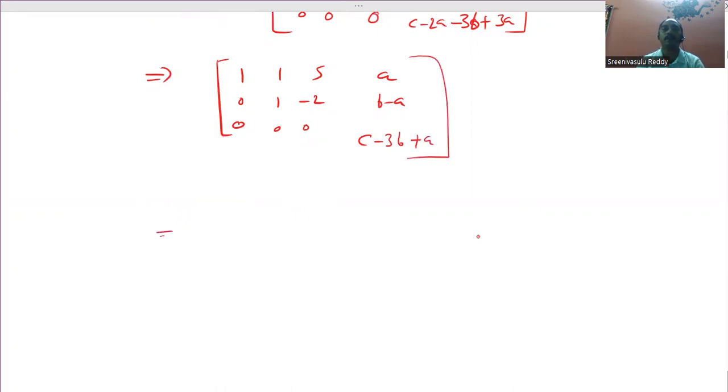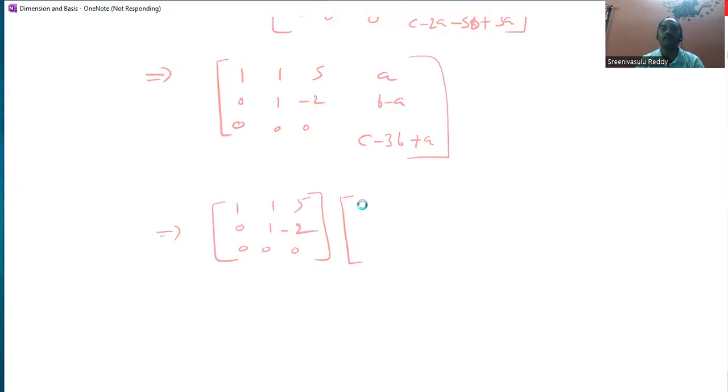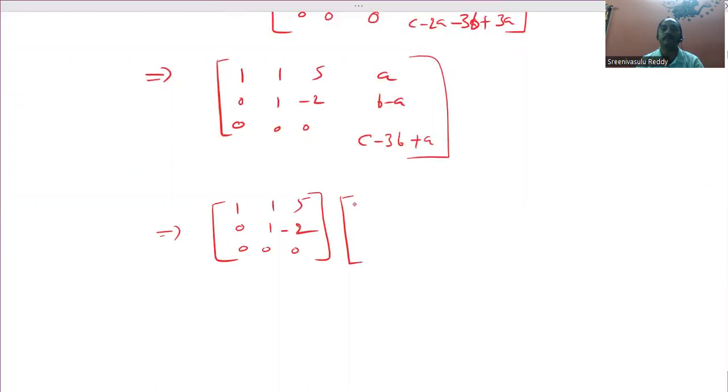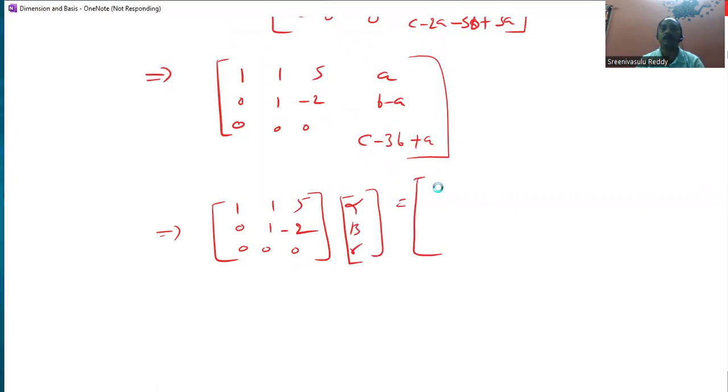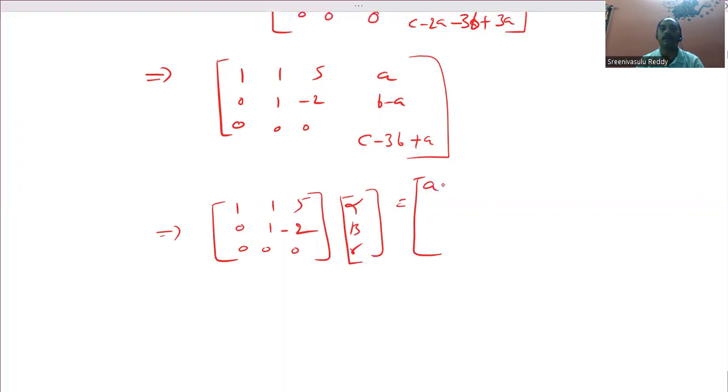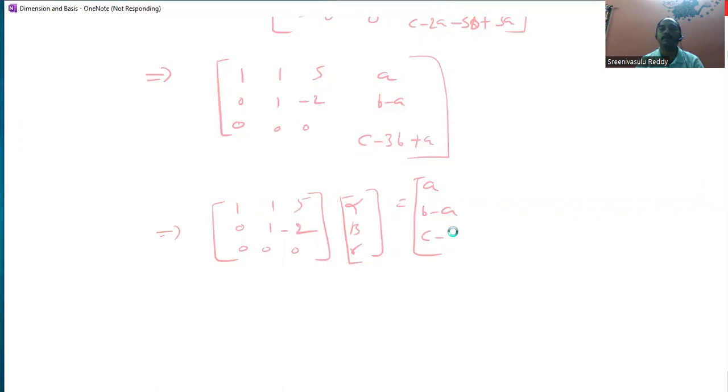Now once again convert the matrix into equations.